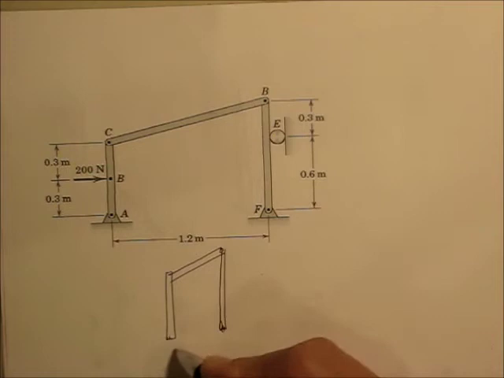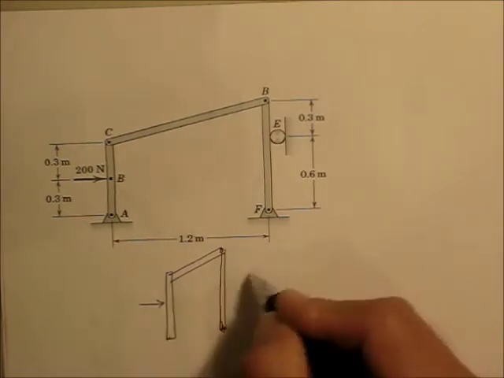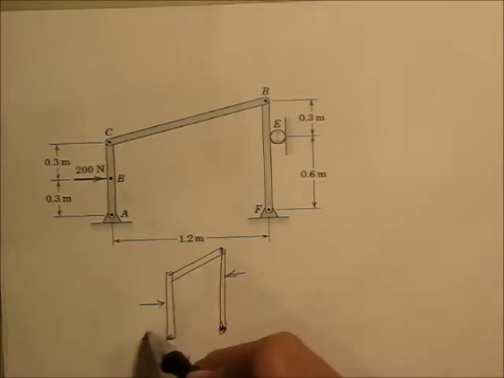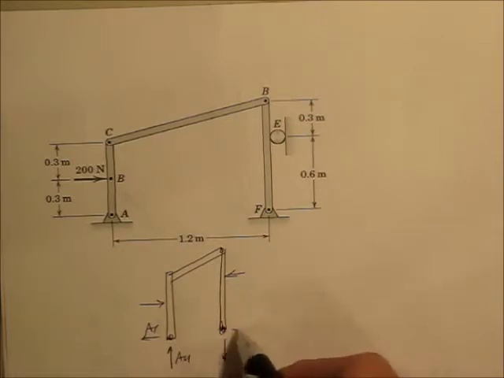There'll be some pushing force here, reaction forces there, some AY, some AX, some FY, and some FX. Let me draw them both positive. I guess it doesn't matter. FX, we'll draw it like that.